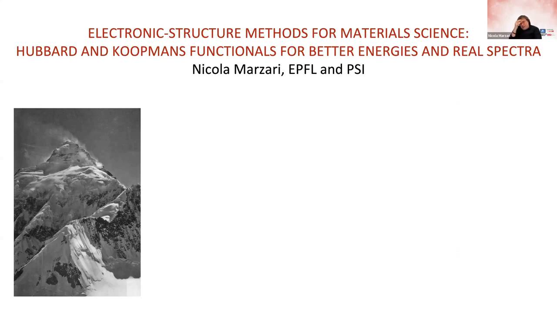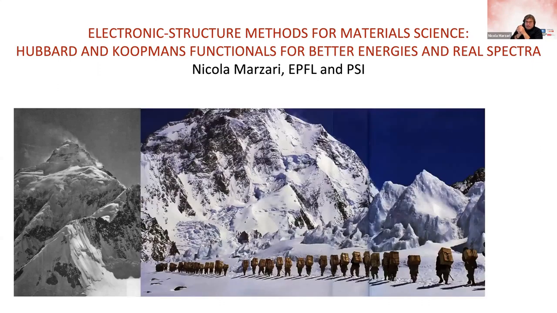In Himalayan climbing there are two styles, and one is the expedition style. This is actually the Italian expedition that in 1953 got to the top of K2 for the first time in the world. And, with no offense intended, I feel this is what we tend to do with diagrammatic methods.